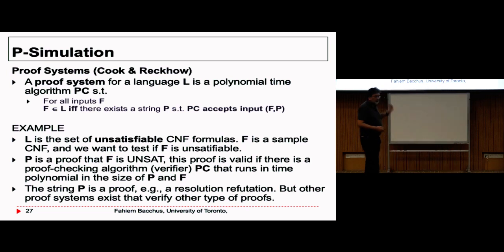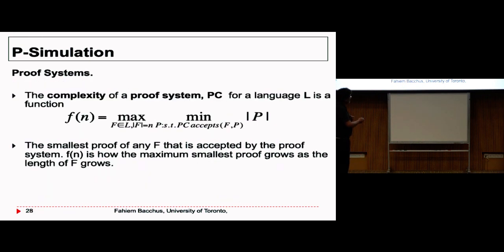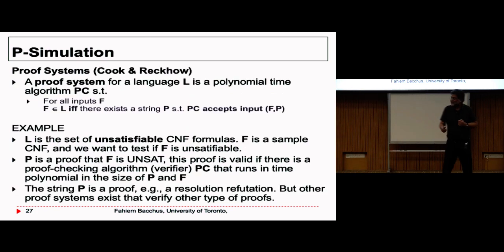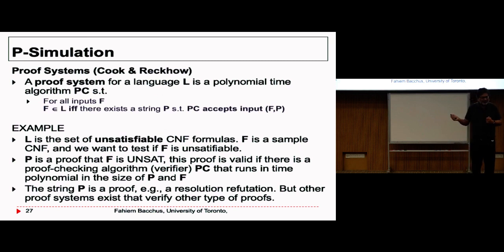So it's a general way of thinking about proof systems, just as these strings. That's why it works. That's why when you have this resolution proof, checking that every step is correct does in fact give you a verification that F is unsatisfiable.